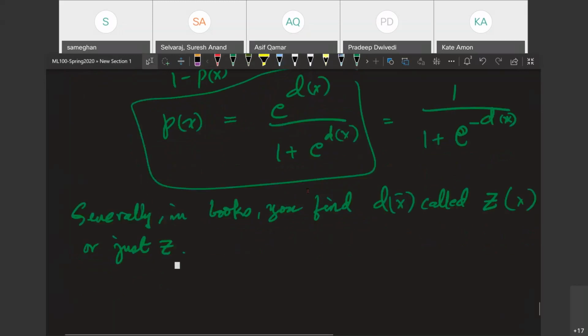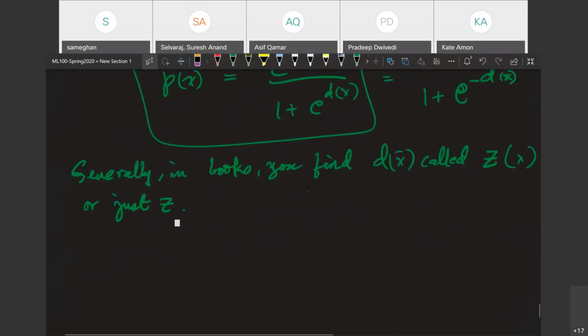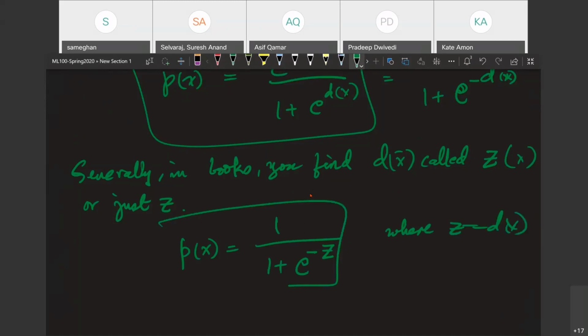But by convention, people often write it as z(x) or just z. So the common form that you find in books is P(x) is equal to 1 over 1 plus e to the minus z, where z is equal to d(x). It's understood.